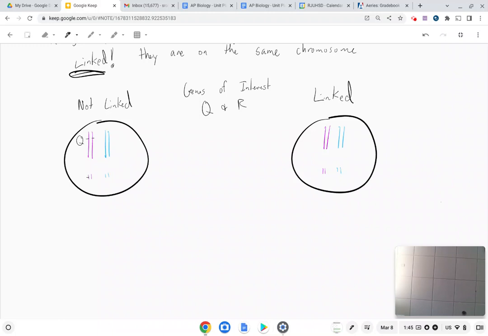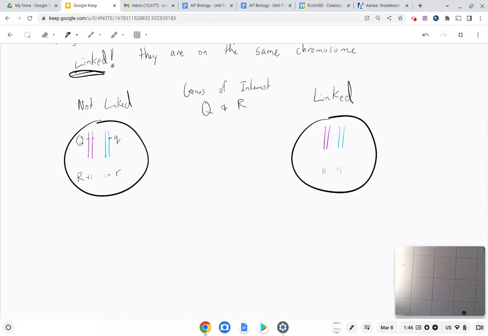In other words, gene Q is always located on the large chromosome, and gene R is located on a different chromosome. That's why they're not linked. And maybe the paternal set has the recessive version of each of these genes.